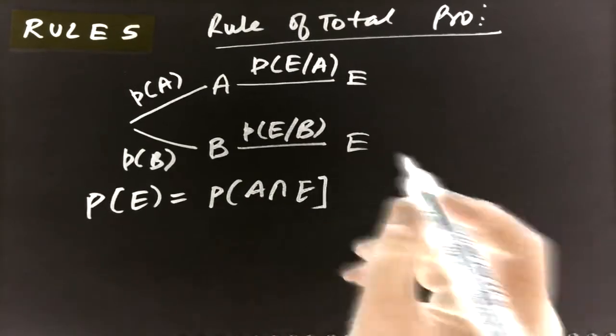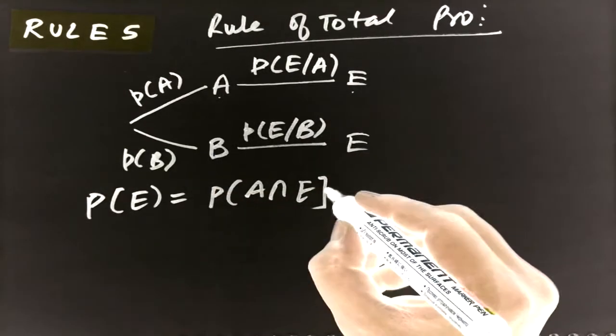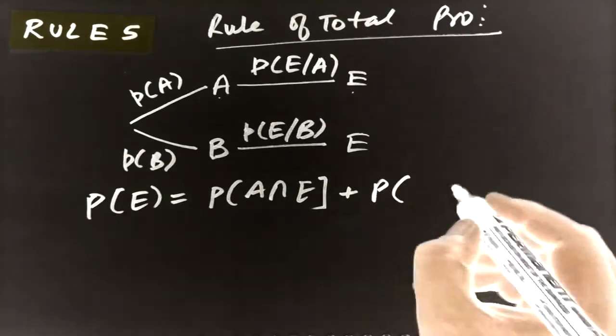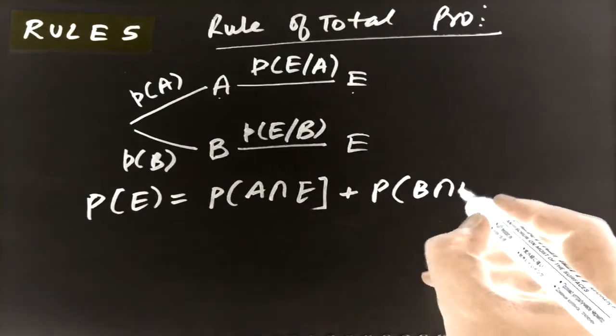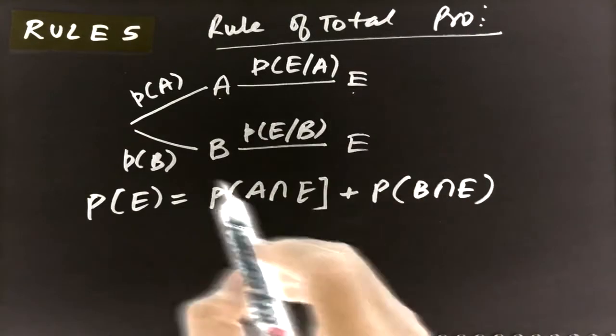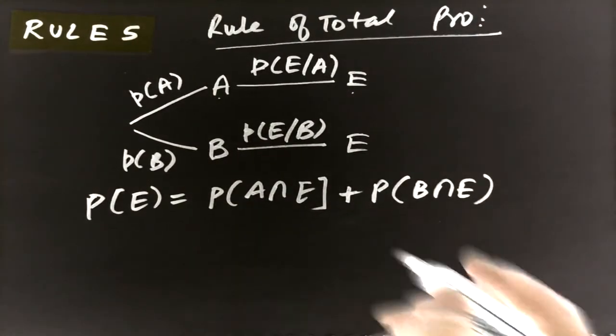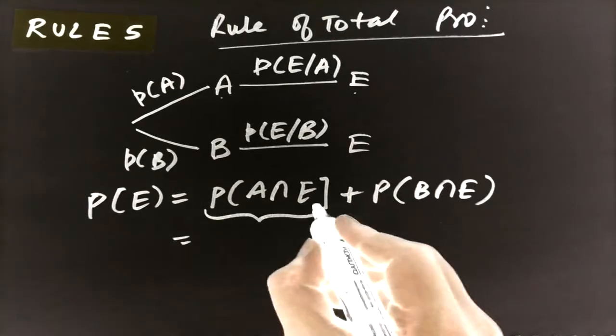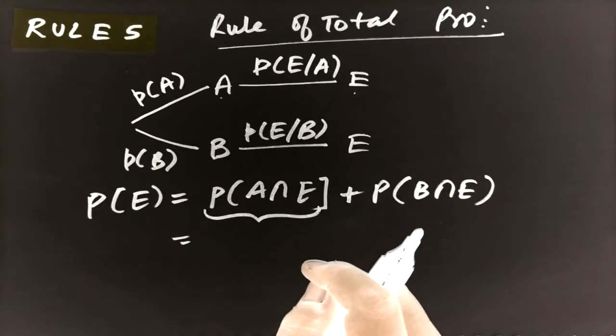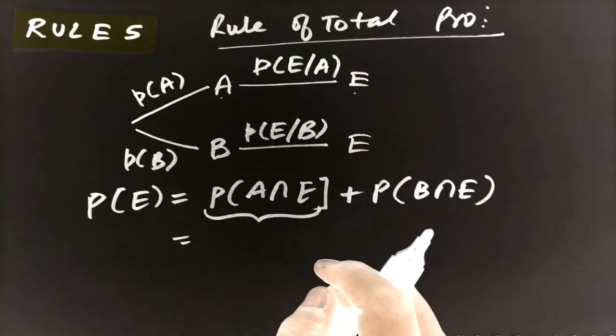So when such a situation arises, at that time the probability of E is given as probability of A intersection E plus the probability of B intersection E. It is either this side or this side. So for either case we use the plus sign. And we already know the formula for this from the earlier rules, rule number 2 I guess.